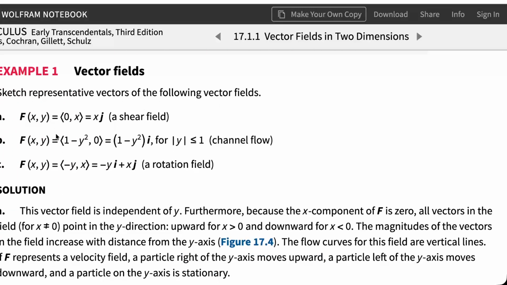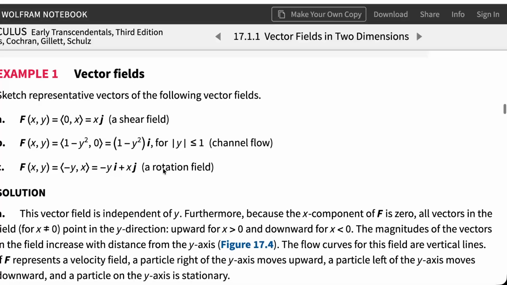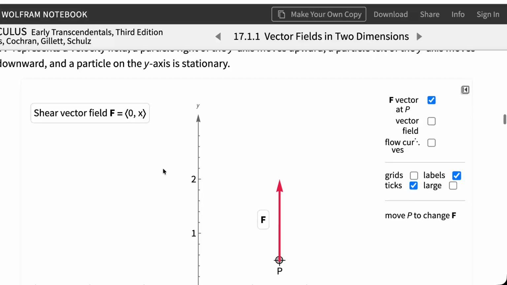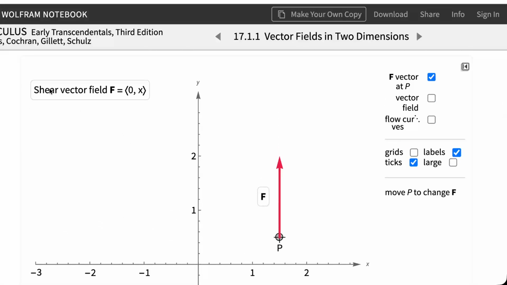We're going to look at these three things, which are all interesting special cases. This first one is called a shear vector field, and what is going on? The x-coordinate of the output is 0, so the output vectors are going to either go straight up or straight down. They won't go side to side at all.